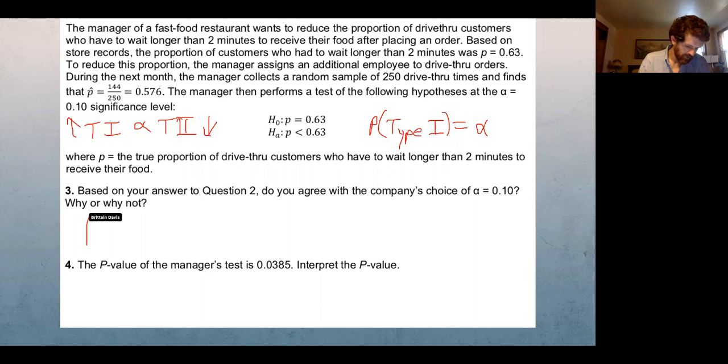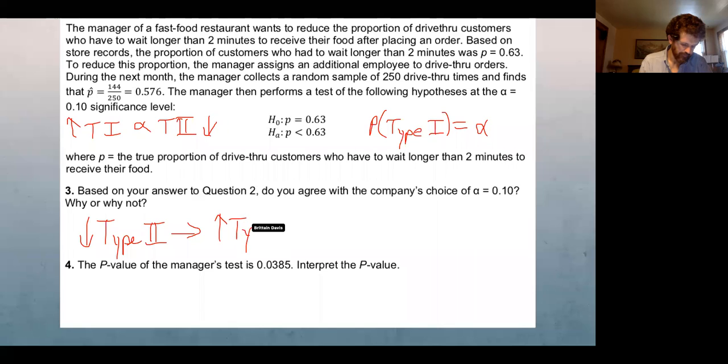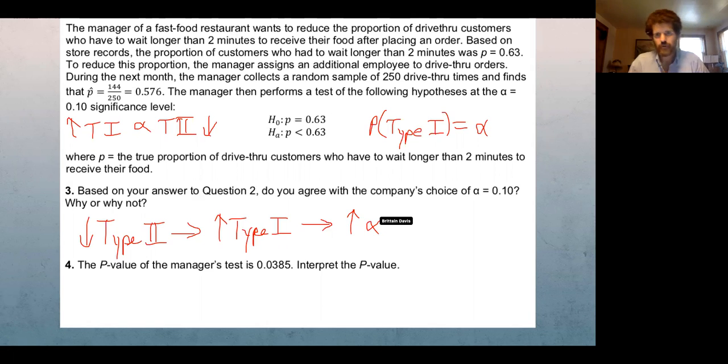We want as low of a type 2 error as possible because we've decided that that's no good. So in order to do this, we want to increase our type 1 error probability. And in order to do that, we need to raise or have a high significance level. We don't want to make it too high because then that could just be ridiculous. But 1 in 10 chance, would you conclude that that's a pretty fair significance level? Should it be raised or lowered or what?